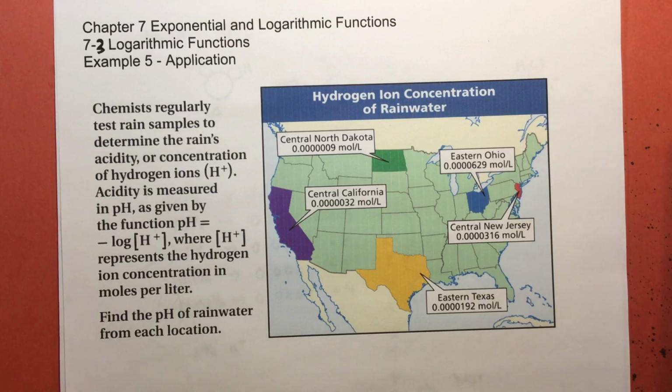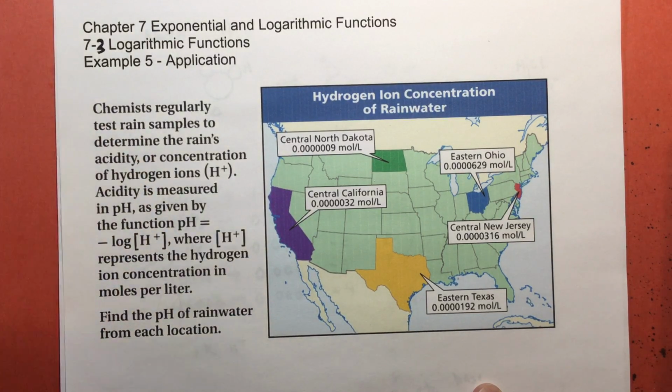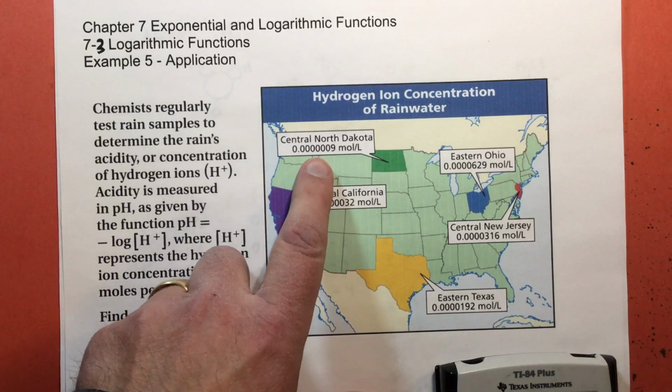So how is this showing up as a problem? Okay, chemists regularly test rain samples. We have an example of the acidity of rain, and we've got 5 different examples here. Here's all that you have to do. Let's go to North Dakota.